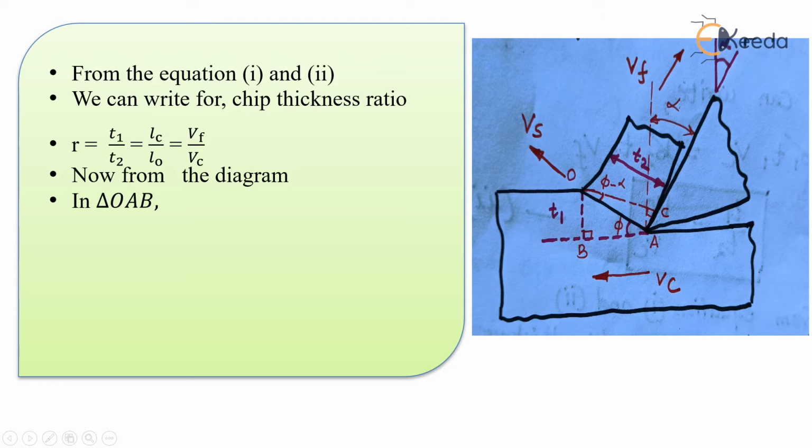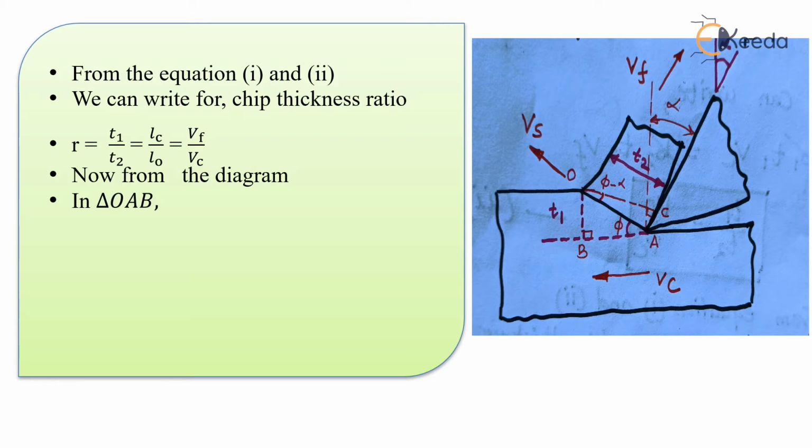This OAB is the shear angle phi, and this OCA is 90 degrees because OC is normal to the rake face. The dotted line with the rake face has angle alpha, then this angle will be 90 minus phi, and the total angle OAC will be 90 minus phi plus alpha.